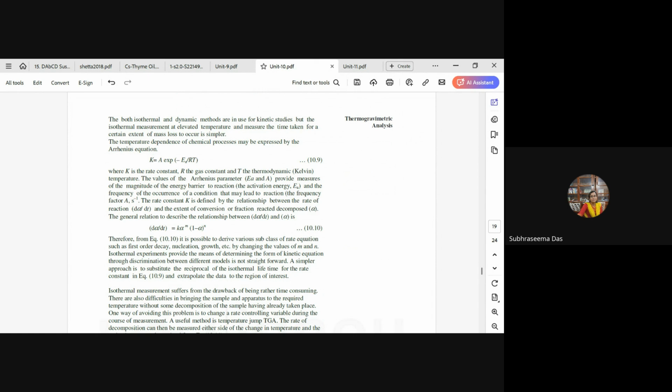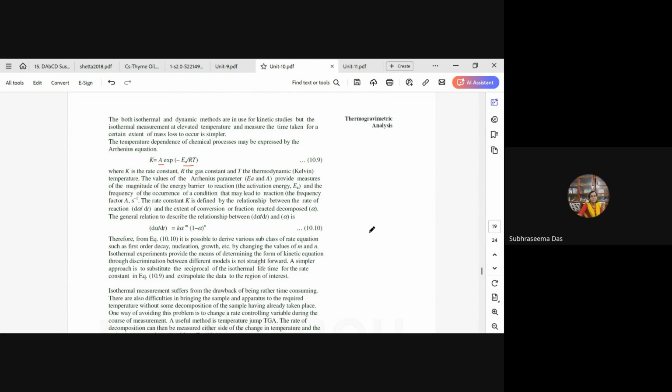The temperature dependence of a chemical process is expressed by the Arrhenius equation, that is, K equals A times exponential of minus EA by RT, where EA is the activation energy and capital A is the Arrhenius constant. The Arrhenius parameters, A and EA, measure the magnitude of the energy barrier, that is, the activation energy that must be provided to the molecule for the chemical reaction to occur.